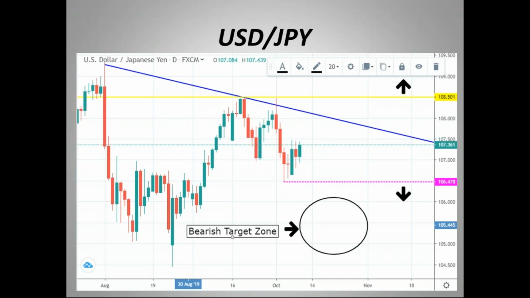As long as it's starting to show signs of weakness, and especially if it starts to show any severe turn, that would reinforce a US dollar Japanese yen bear, which would have this current little bounce where we're trading at just around 107.36 back down towards this 106.478, down into that bearish target zone.